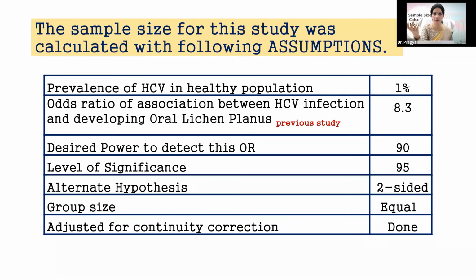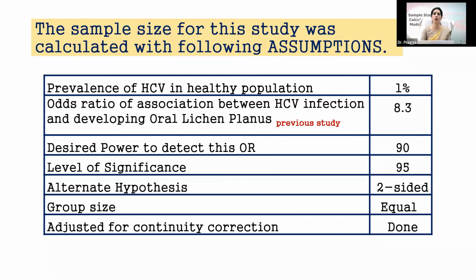So it is 1% in this case. The odds ratio from the previous study is 8.3, the power is 90%, and the level of significance is 5%. The alternate hypothesis is two-sided, group sizes are equal. Just read this 95% confidence as 5% level of significance, and adjust for continuity correction.